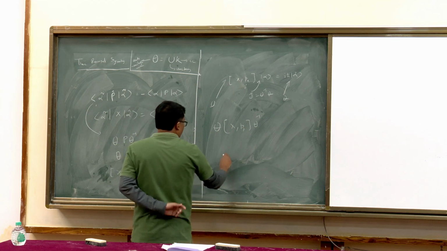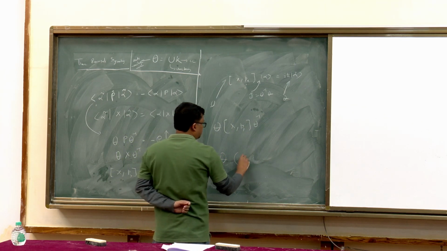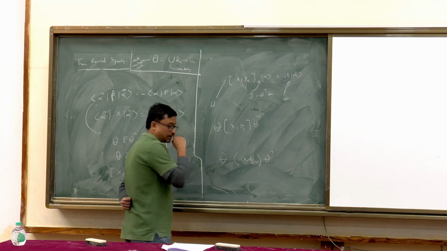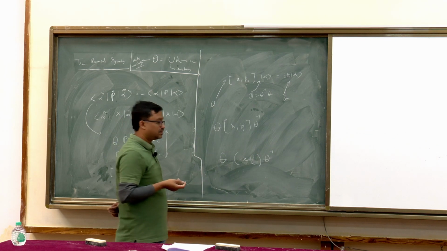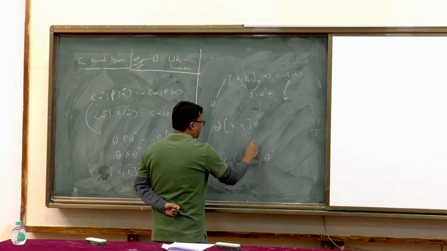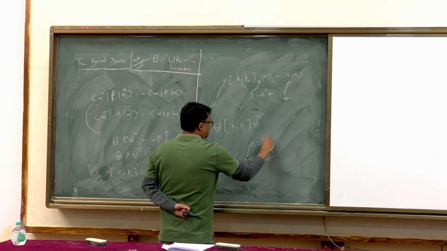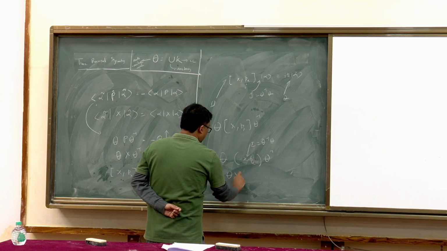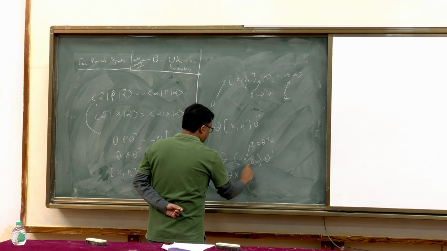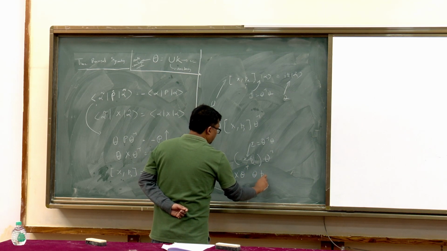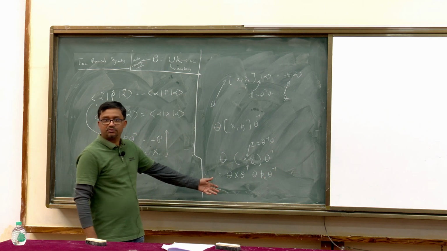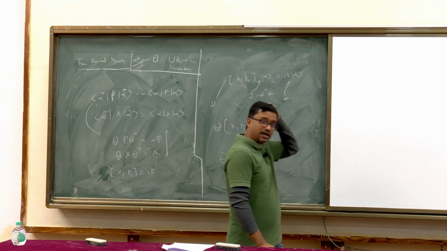So, for example, if you have a quantity like this, you do not know what that is. So, insert an identity here, I equal to theta inverse theta. So, you will get theta x theta inverse times theta p_x theta inverse, that you know how to do, and so on and so forth.